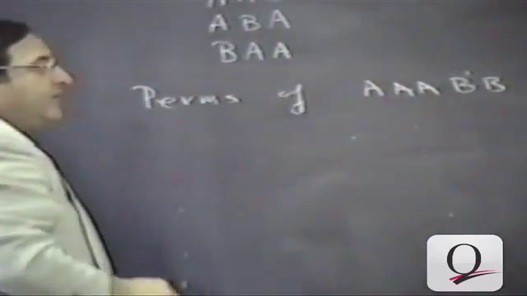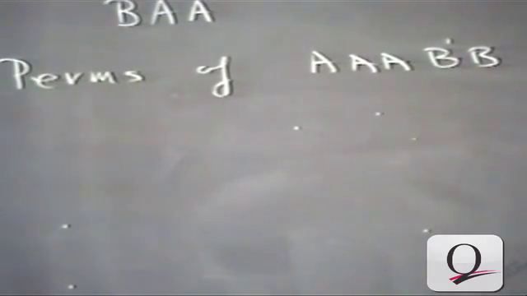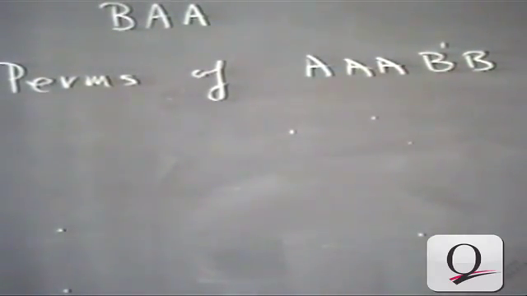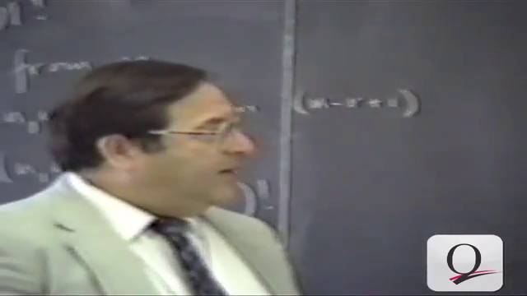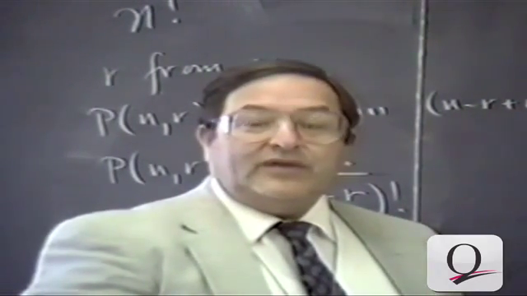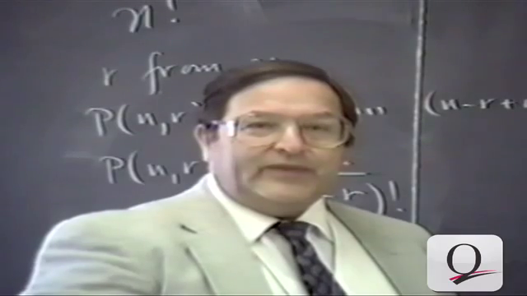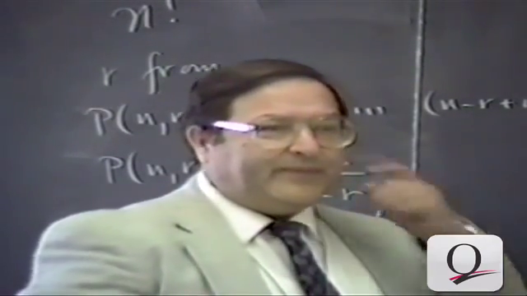If I had to permute these 5 objects, AAABB, and again the A's and B's don't have to be letters, they could be people, they could be all kinds of objects, anything you may want to permute, arrange in a store window, or items that you select. If they were all distinct, I would have had 5 factorial, 120 permutations. But they're not all distinct, so I have fewer permutations. Now how many fewer?